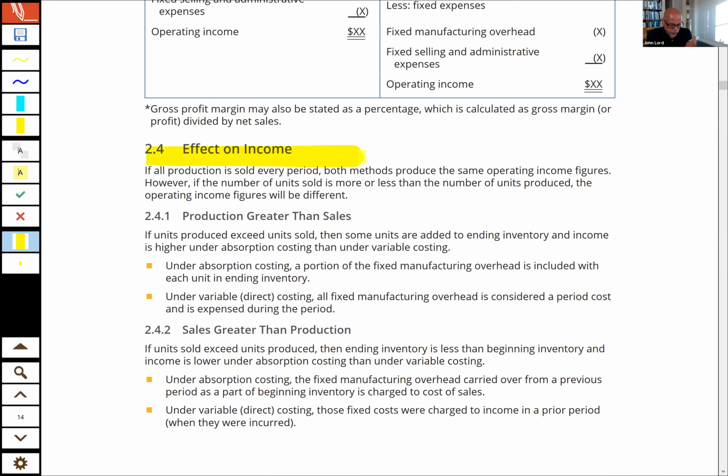Okay, let's jump to the effect on income, because that's where the exam is going to focus us. If production is greater than sales, will my inventory levels go up or down? Up.